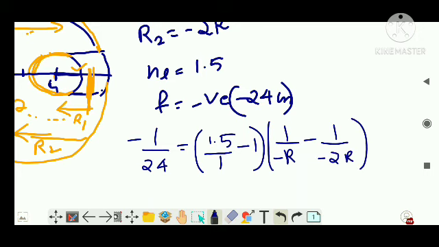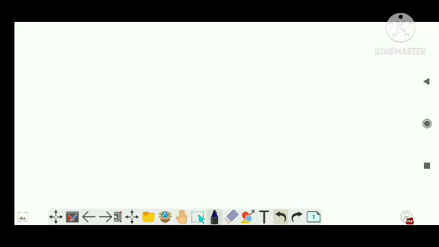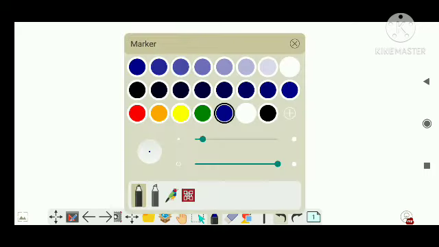Do it by yourself, guys. So you will get R's value as 6 centimeter. Right? That is the radius of the lenses. Clear? Did you understand? Right? That is the combined radius of curvature of this lens.